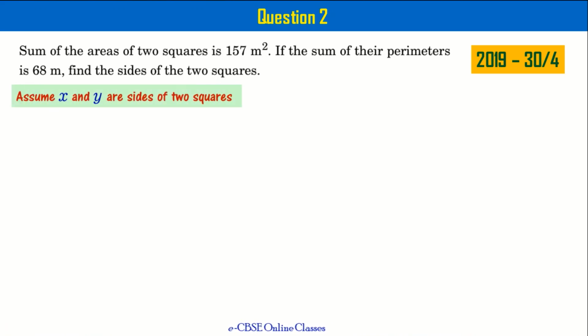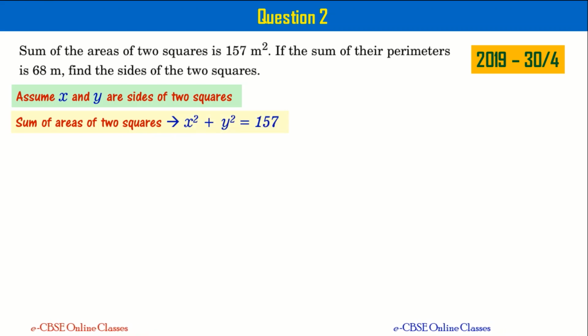If I assume that x and y are the sides of two squares, x is the side length of one square and y is the side length of another square. And we know that area of a square is equal to the side length squared, right? It means the sum of the areas of two squares is going to be x squared plus y squared, that is equal to 157.